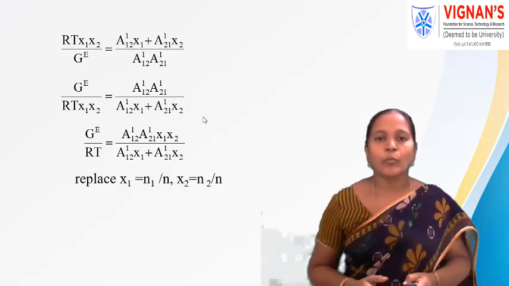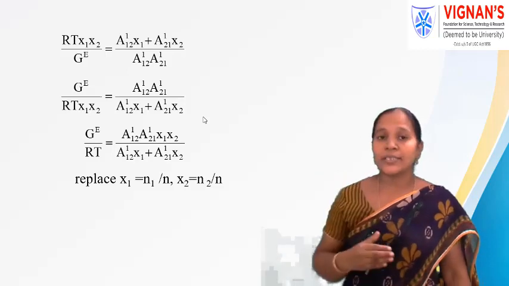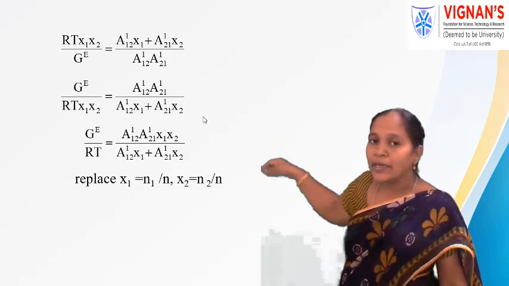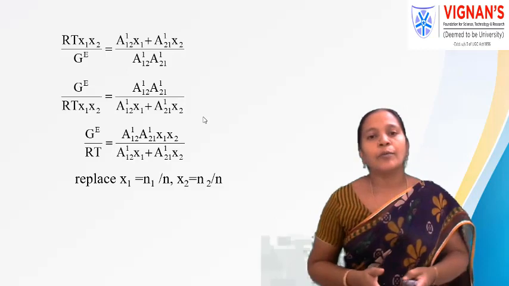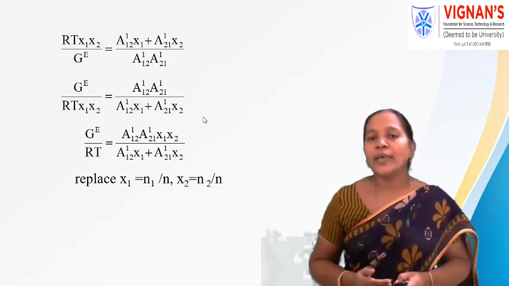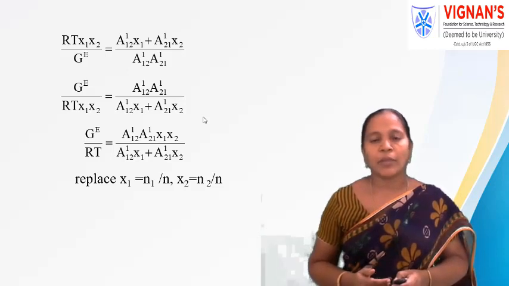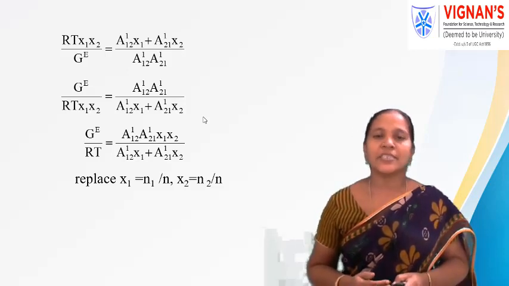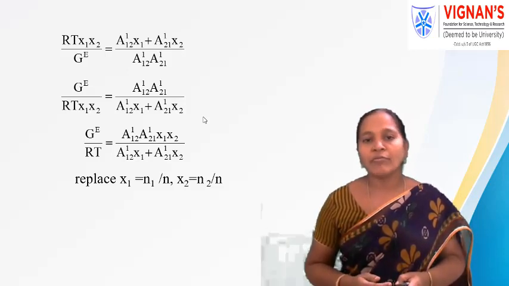We know that mole fraction x1 is equal to n1 by n. Similarly, mole fraction of species 2 is equal to n2 by n, the number of moles of the second species divided by the total number of moles.